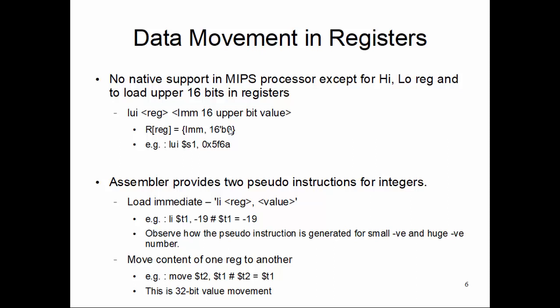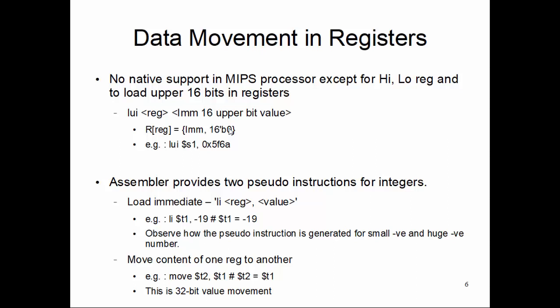So li is implemented by the assembler through the add immediate unsigned instruction. Let's say we are doing li $t1, -19. If you do that, you can run it in the program and observe how the pseudo instruction is generated for a small negative and a huge negative number.